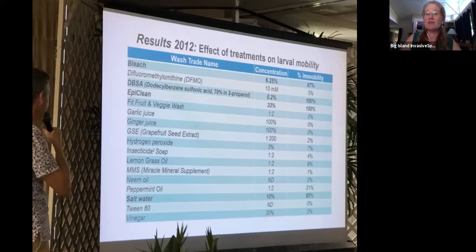And then you have to remember, this is the first piece of the testing. The first piece of the testing is, if I put it straight onto the parasite, does it kill the parasite? If it doesn't, I'm not even going to go to the next level of testing, which is, can I get enough of it on a salad or on a vegetable at a high enough concentration to coat the vegetable to kill any parasites that might be on there?